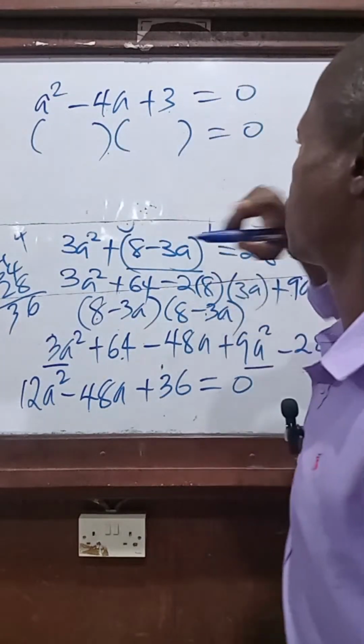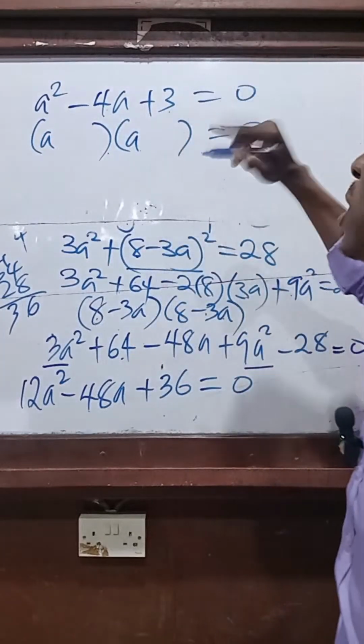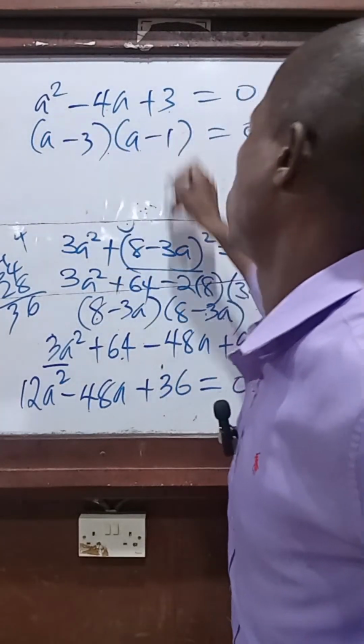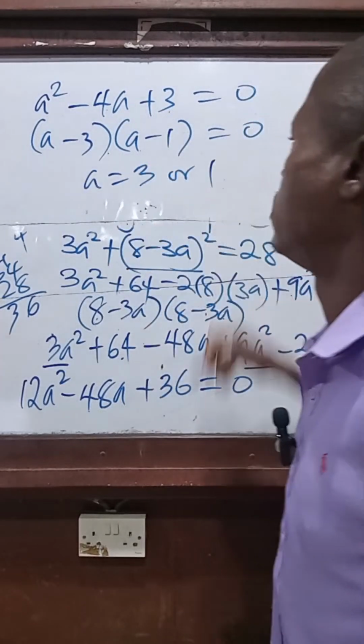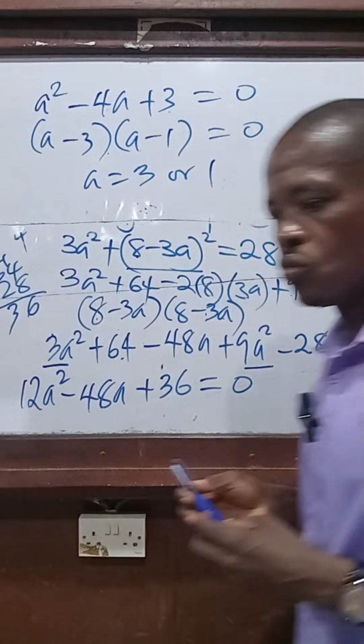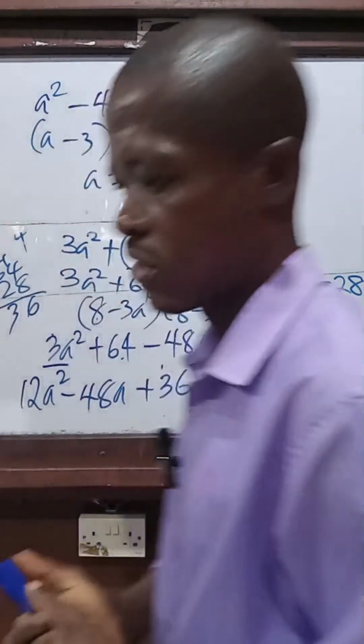Factors of 3 is what? 3 and 1. That's minus 3, minus 1. So a is equal to 3 or 1. So that's what we have in that question.